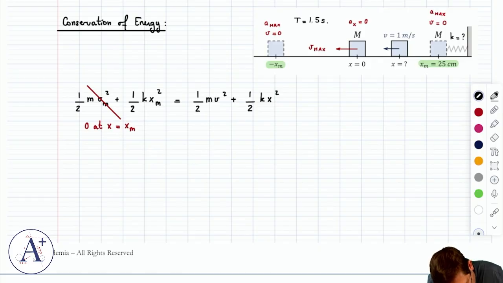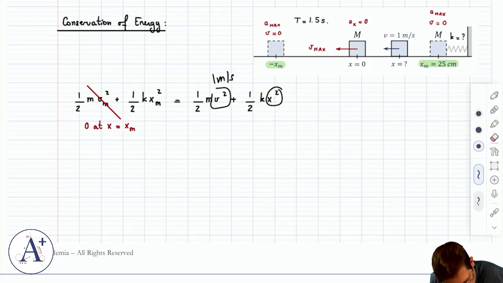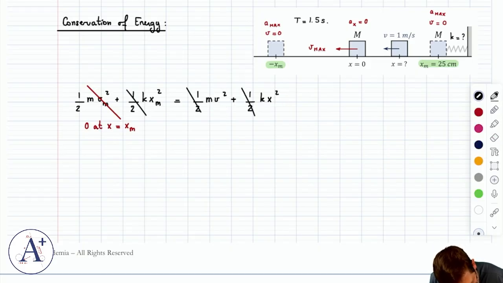And so what am I solving for? Well, I'm solving for this guy, given that I know that this v is 1 meter per second. So all the halves can go away. I'm going to get kxm squared is equal to mv squared plus kx squared.